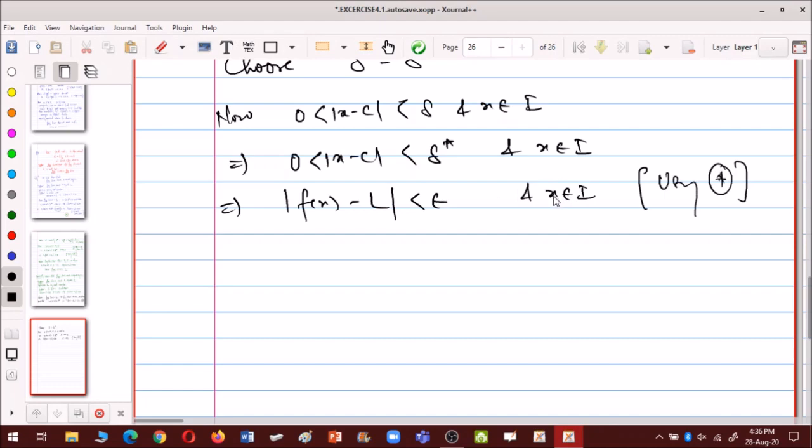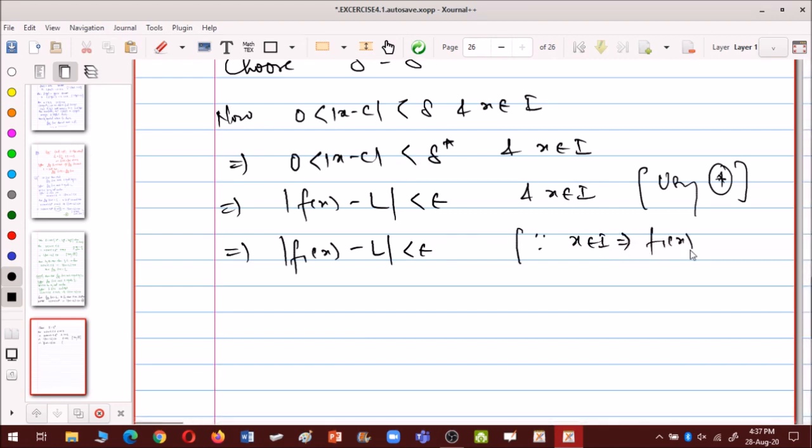Now because x belongs to I, f(x) is equal to f1(x). So |f1(x) minus L| < epsilon, since x belonging to I implies f1(x) is equal to f(x).